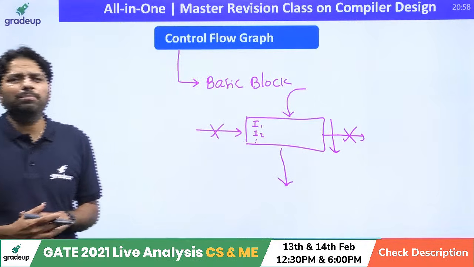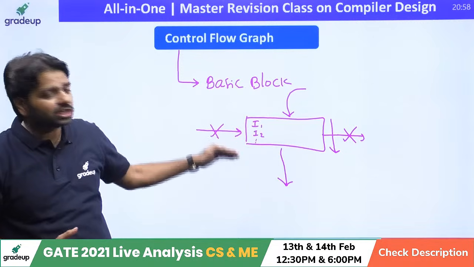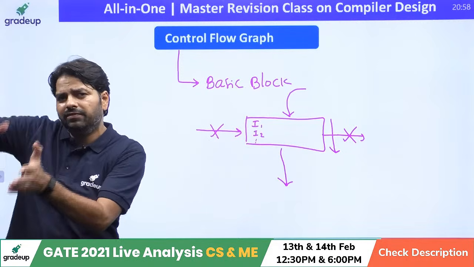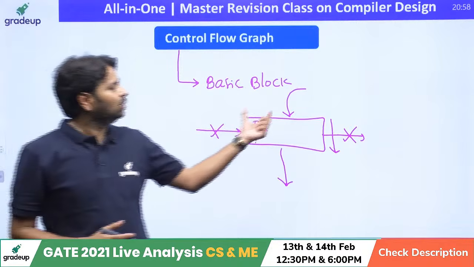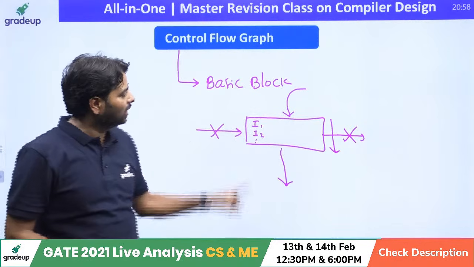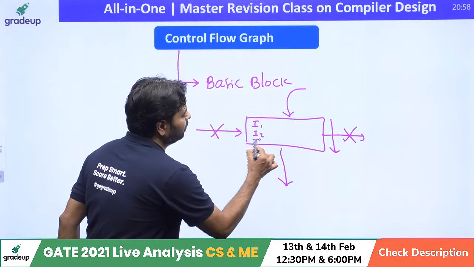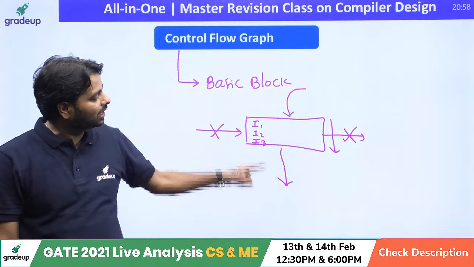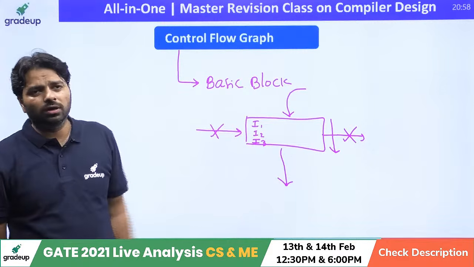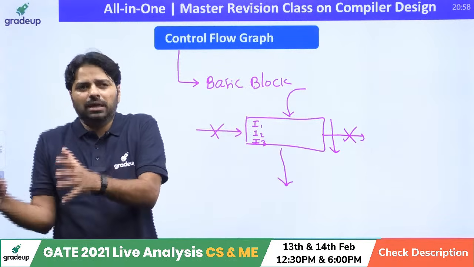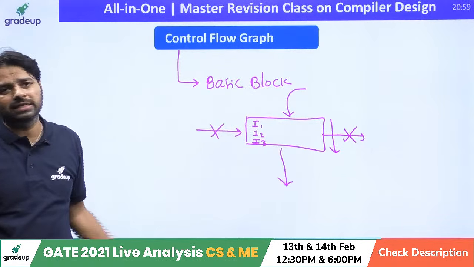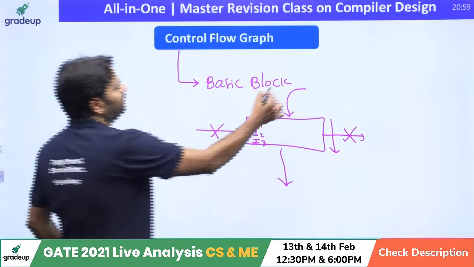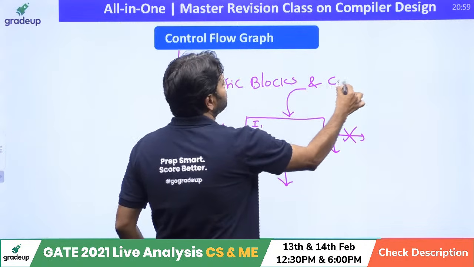So a basic block is a set of instructions executed sequentially, control enters only at I1 and leaves only at the last statement, let's say I3. After executing I3 only the control leaves. A whole program can be converted into a set of basic blocks and a set of controls. So here we will have basic blocks and controls.